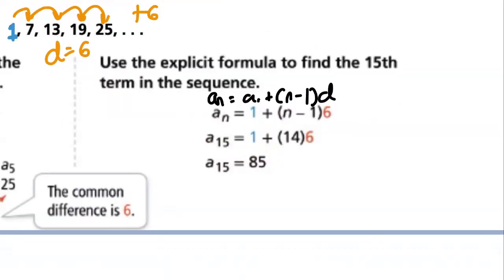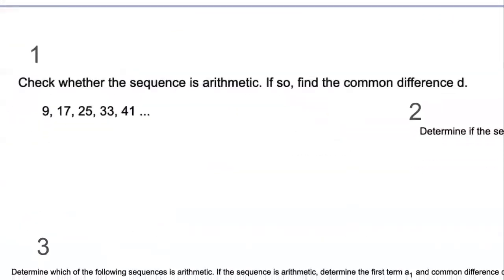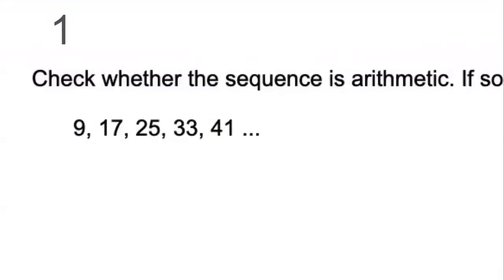And it's just a lot of vocabulary. So for number 1, it says check whether the sequence is arithmetic. If so, find the common difference. When it says check the sequence, it means, is there a pattern? So from 9, 17, 25, 33, and 41, what is the pattern? Does it add 8 the whole way through? Because that's the important part.